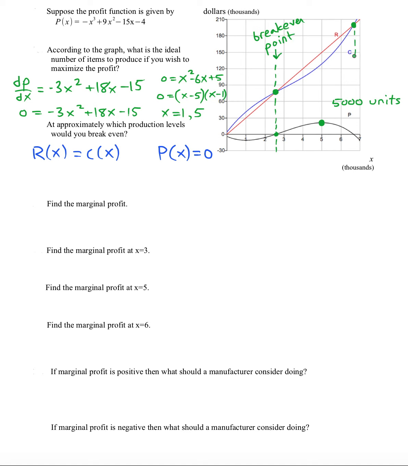And there's another one over here. If I had to approximate it, I'd say maybe at x equals 2,600 and perhaps at x equals 6,600.